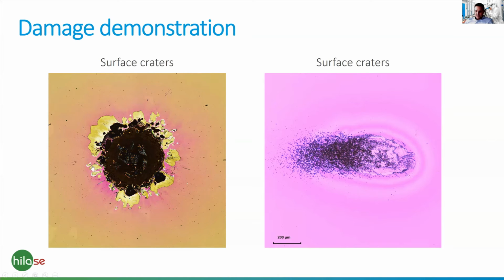The left side is from a nanosecond pulse, the right side is from a picosecond pulse. The nanosecond, very typical, you see the dark ablation area and delamination on the edges and the material ejected from the crater and redeposited on the side of the crater.